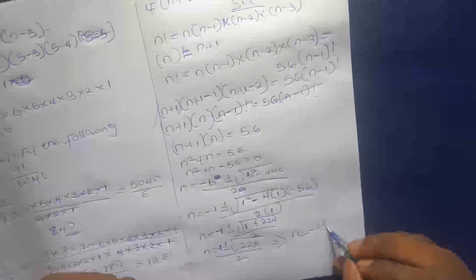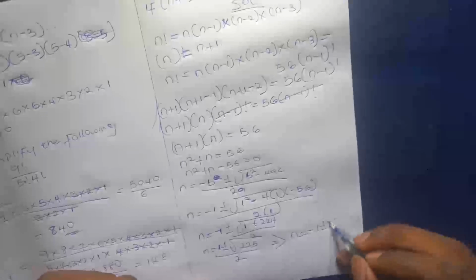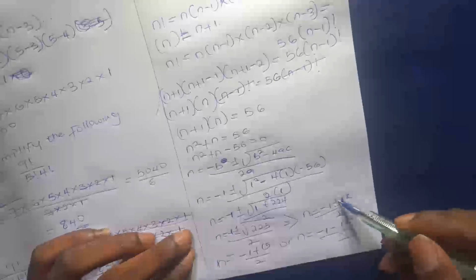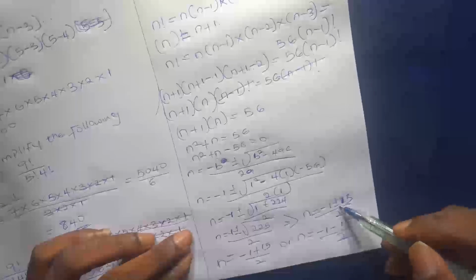Now that will give us minus 1 plus or minus 15 over 2. Now n equals minus 1 plus 15 over 2, or n equals minus 1 minus 15 over 2. Since it's plus or minus, we'll first solve with the plus, and again we'll solve with the minus.